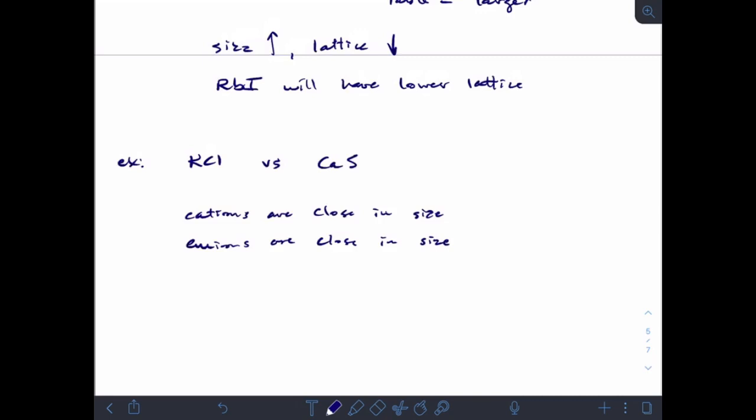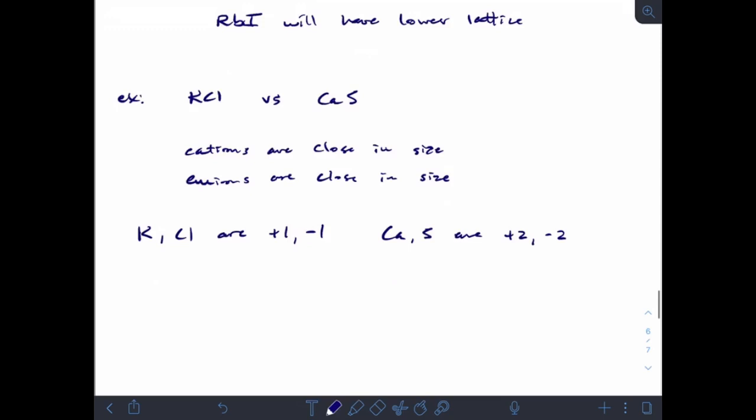So let's look at charge. Potassium and chlorine are +1 and -1. Calcium and sulfur, on the other hand, are +2 and -2. So as charge goes up, lattice goes up. Calcium sulfide will have greater lattice energy.